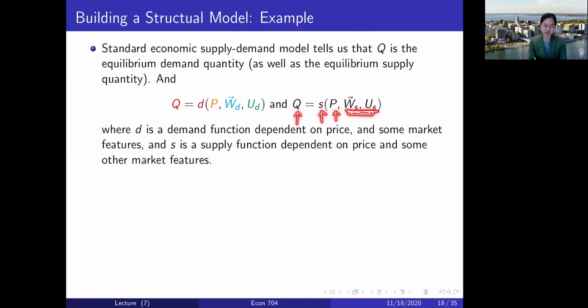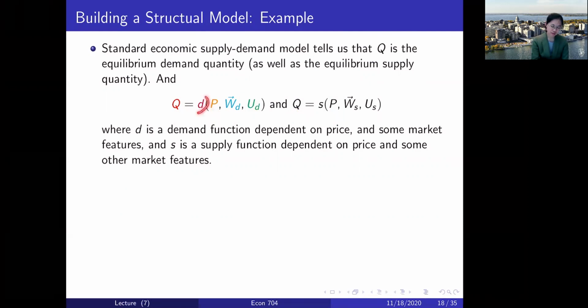These are, for example, the cost of supplying the product. So these are factors that may affect the cost of supplying the product to the market. All right. So according to that model, we can write down the demand equation and the supply equation. The market clearing condition tells us that the price in both the demand and the supply equation is the same, and the demand quantity and the supply quantity are the same, because the market has to clear.